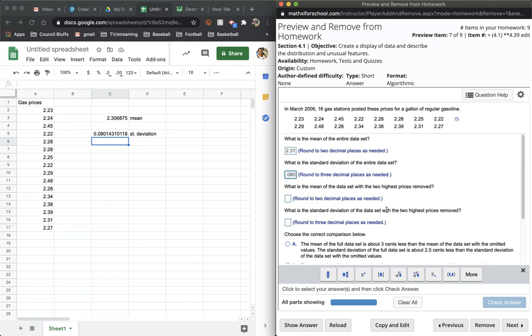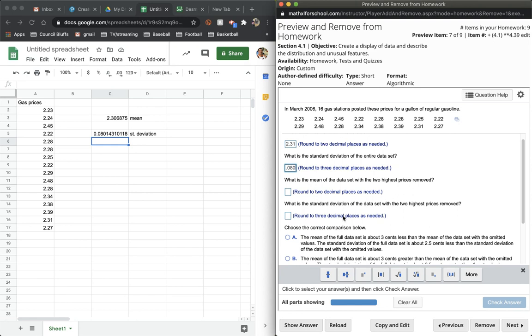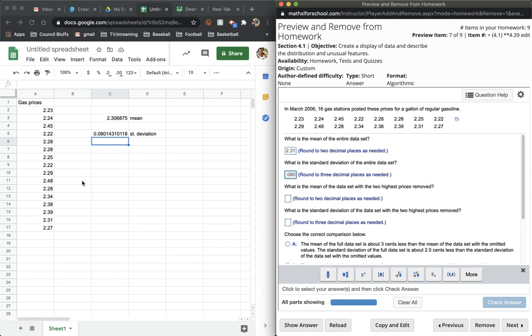What is the mean of the data set with the 2 highest prices removed? And what is the standard deviation of the data set with the 2 highest prices removed? So I need to essentially take out the 2 highest prices here. Now, the cool thing about Google Sheets is that I can delete the 2 highest numbers, and the mean and standard deviation will automatically adjust.